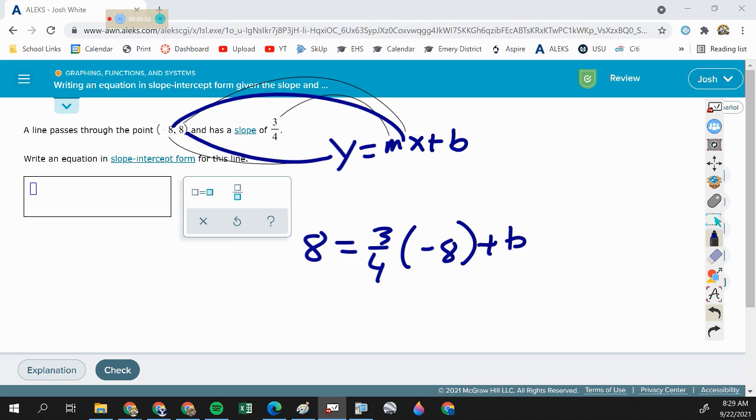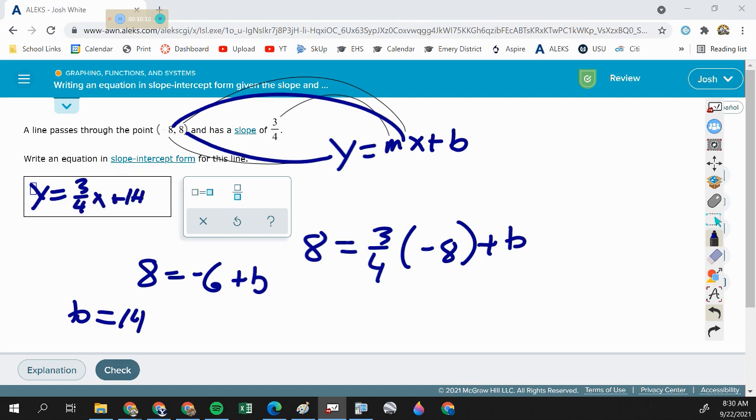What is 3/4 of -8? Well, you just do 3 times negative 8, which is negative 24, and then divide it by 4, which is negative 6. So 8 equals negative 6 plus b. Add the 6. b is 14. So the equation is y equals 3/4 x plus 14. Piece of cake.